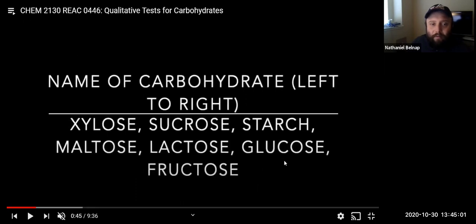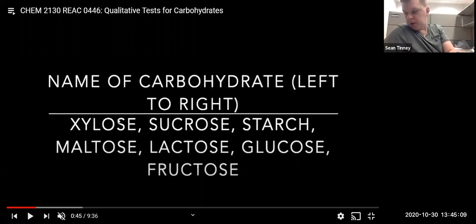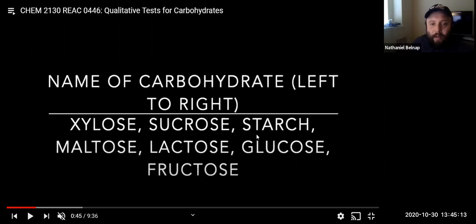Name of the carbohydrate left to right: xylose, sucrose, starch, maltose, lactose, glucose, fructose. So is that what you guys have on your sheet? Yeah, but not in the same order. Okay, well then I guess we'll just pay attention to which ones are changing colors and which ones are not.